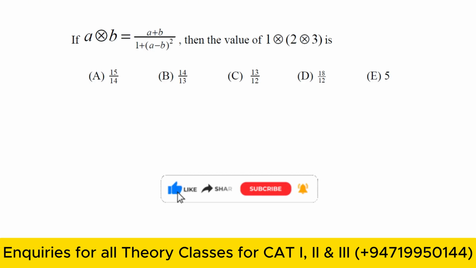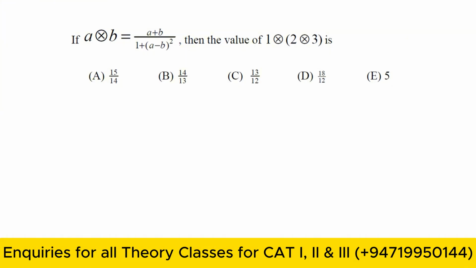So here I chose this question. Let's read this. If A ∗ B is equal to (A plus B) divided by (1 plus (A minus B) squared), then the value of 1 ∗ (2 ∗ 3) is.